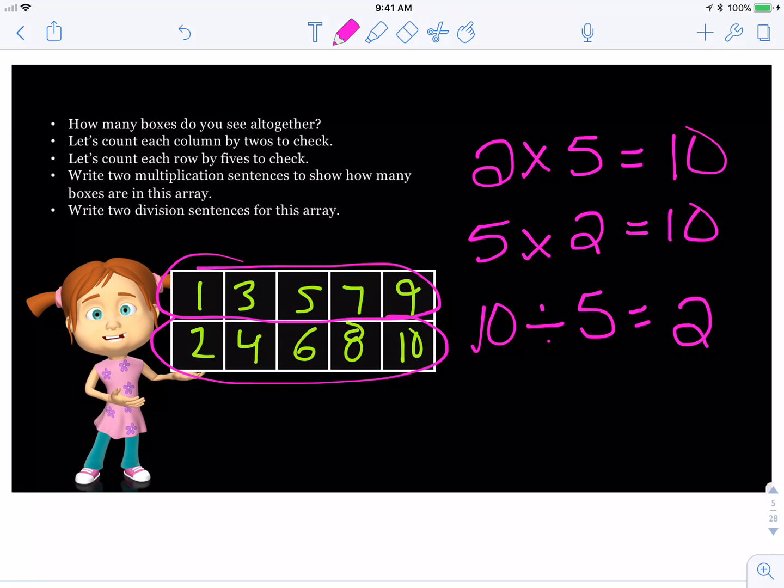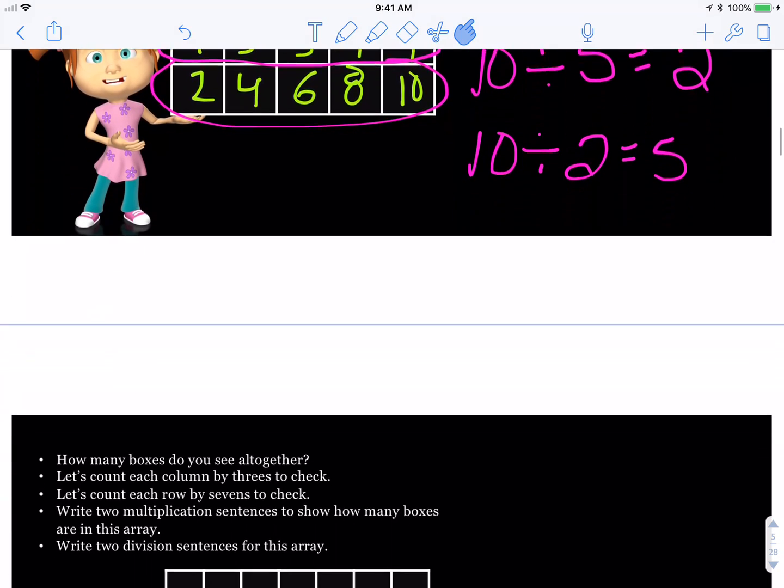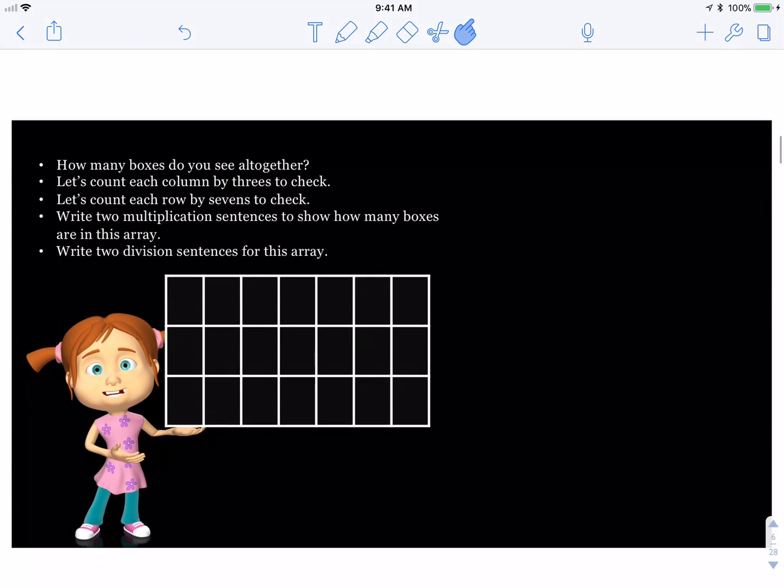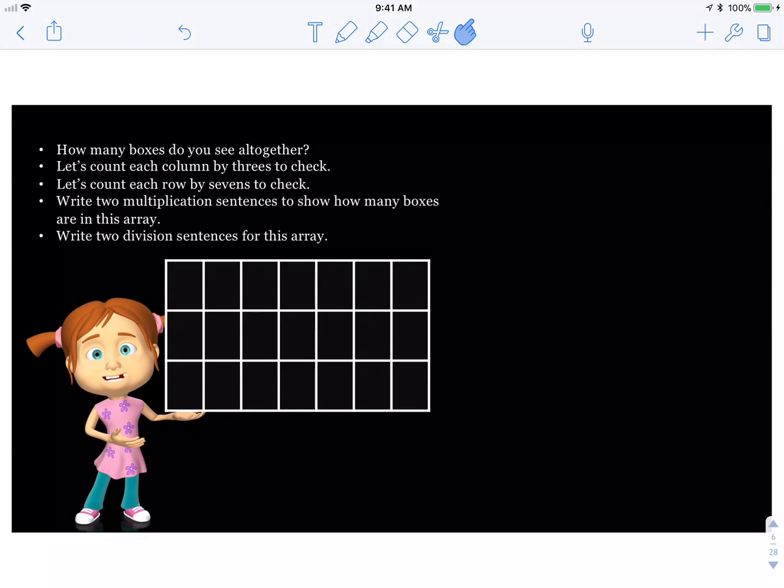So 10 divided by 5 is 2. We could also say 10 divided by 2 rows of 5 equals 5 in each row. So 10 divided by 2 would be 5 in each row. Okay, you go ahead and see if you can solve this one, and then we'll go over it. So pause it and go over it.